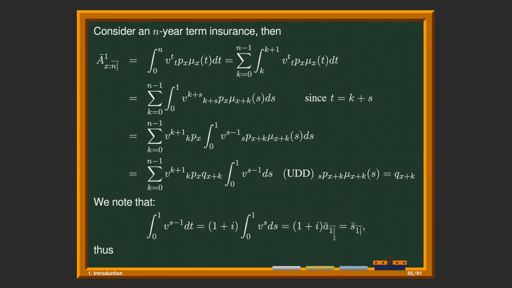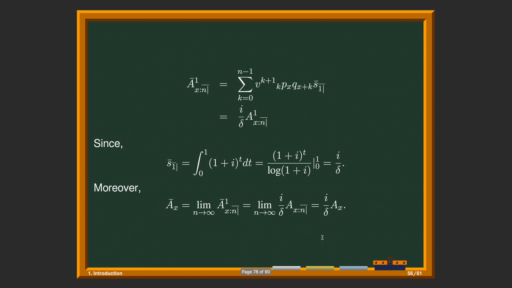The present value of an annuity that is payable continuously with a term of 1, and multiply that with the accumulation factor of 1 plus i, you get the accumulated value of that annuity. Okay, so this integral now, this is ds, can now be replaced by s sub 1 bar.